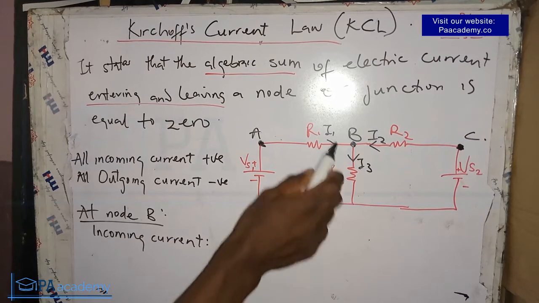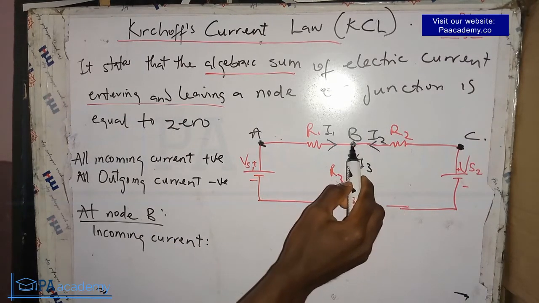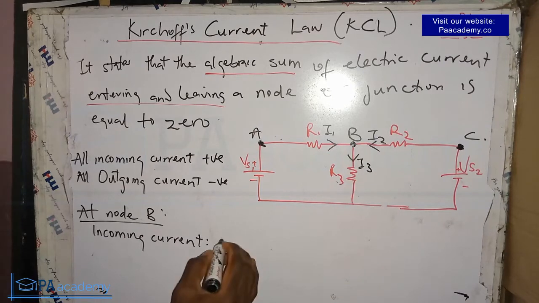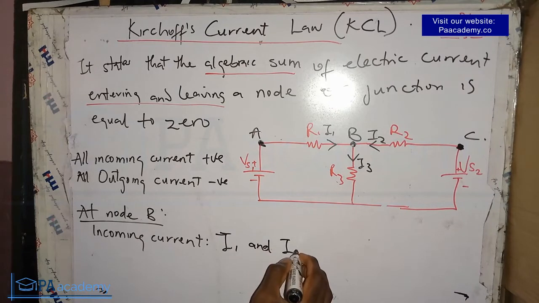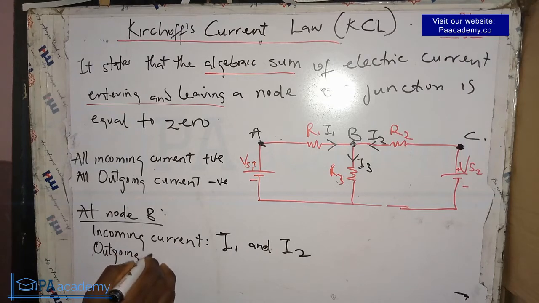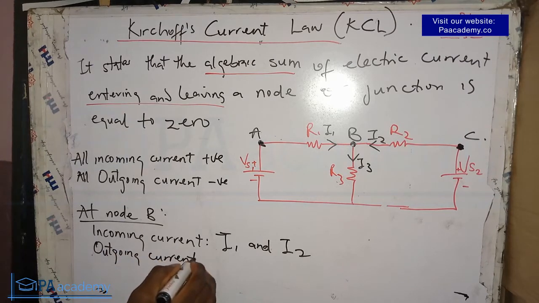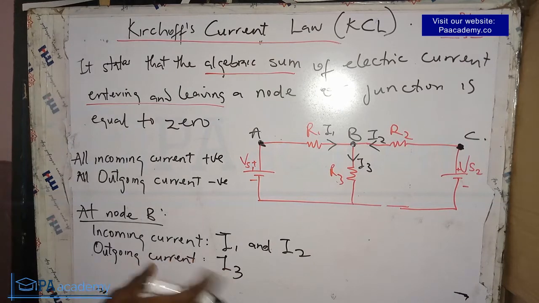You can see I1 is an incoming current moving towards B, and I2 is also an incoming current moving towards B. So our incoming currents are I1 and I2. What about our outgoing current? The one that is leaving B is I3. So these are the incoming and the outgoing currents.